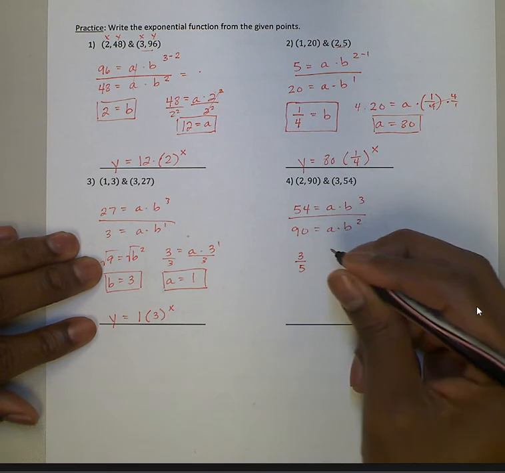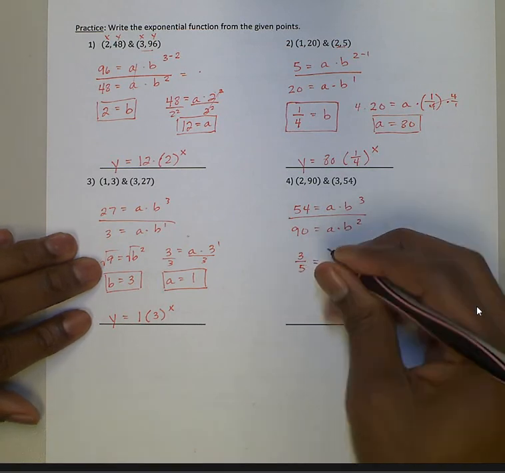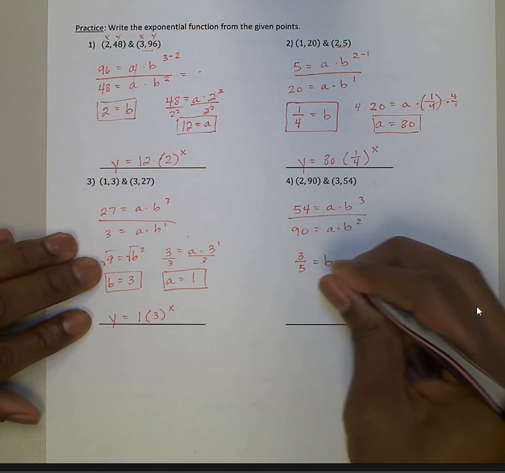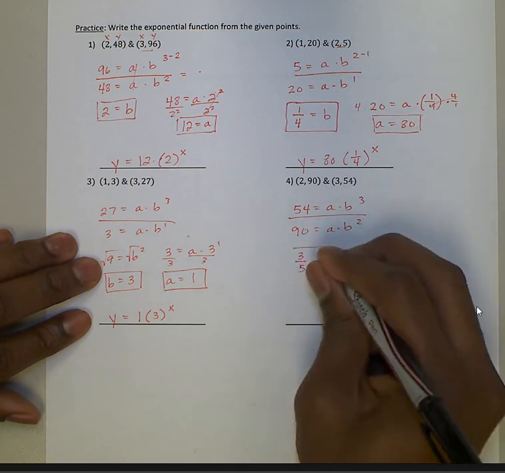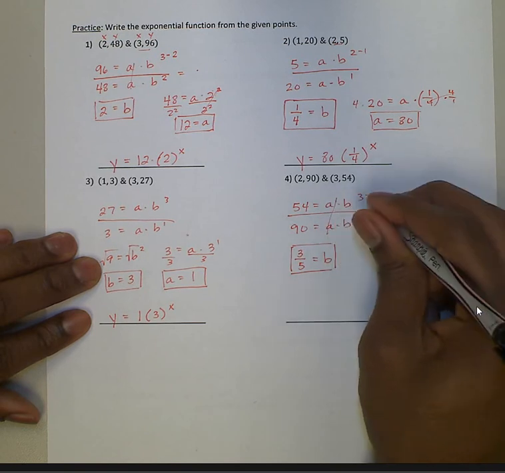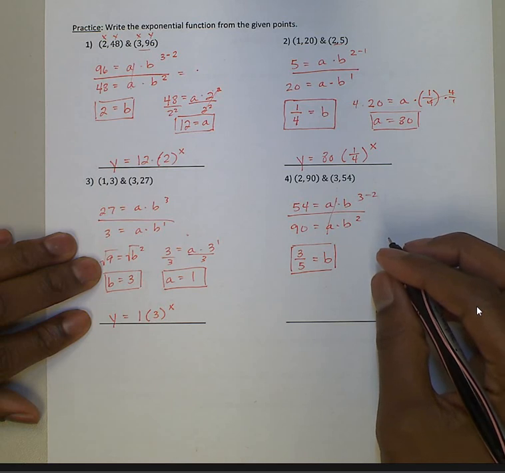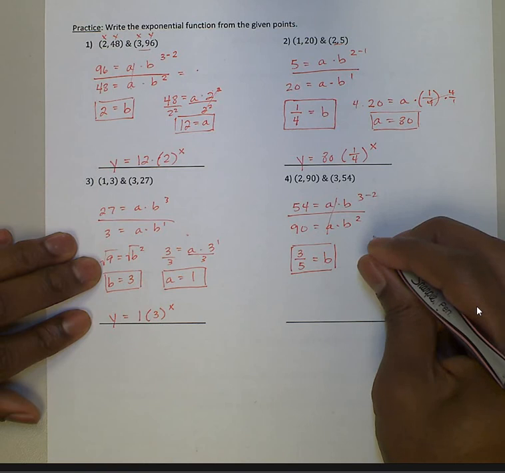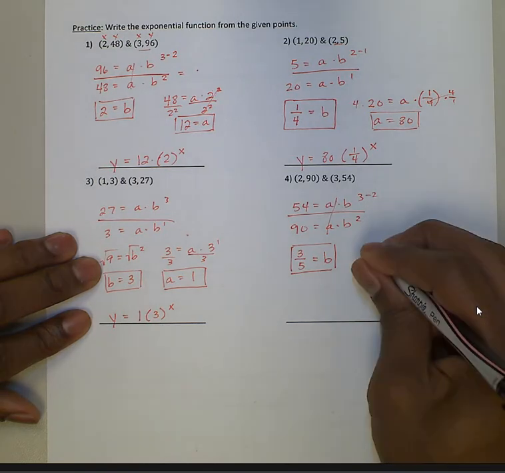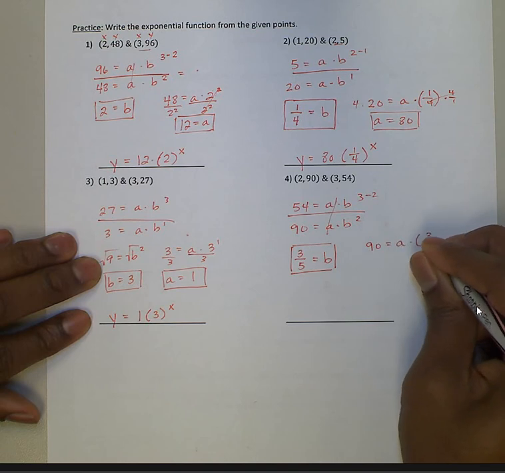Again, the a's cancel out, divided by 2. This leaves us with b. Alright, and then I'm going to plug this back into my bottom equation. So I have 90 equals a times 3/5 squared.